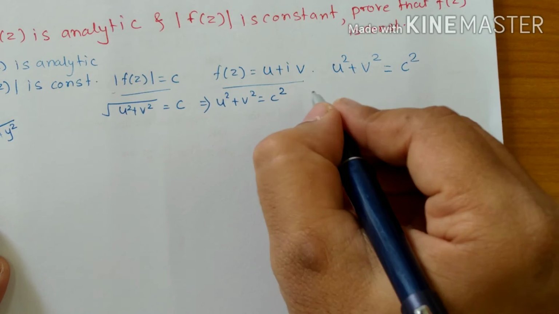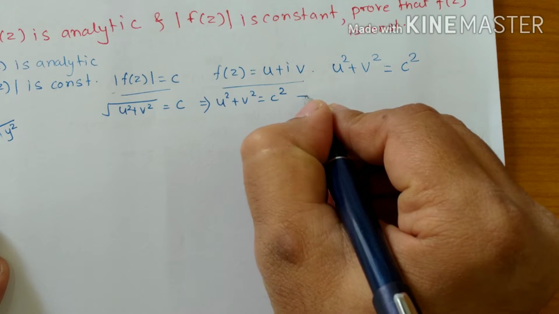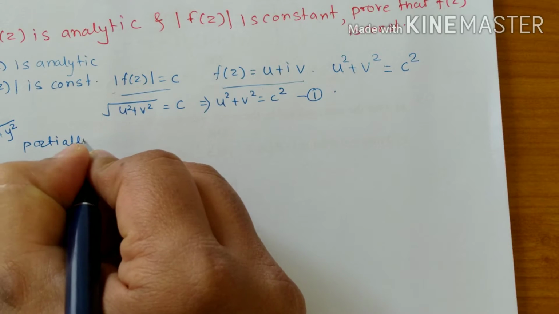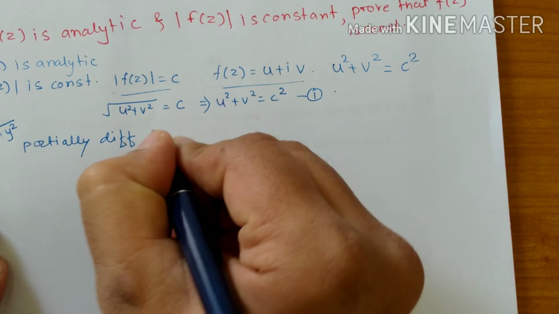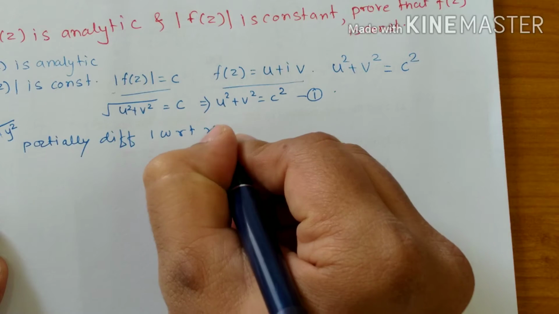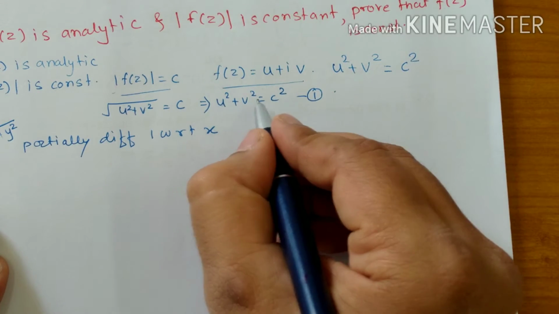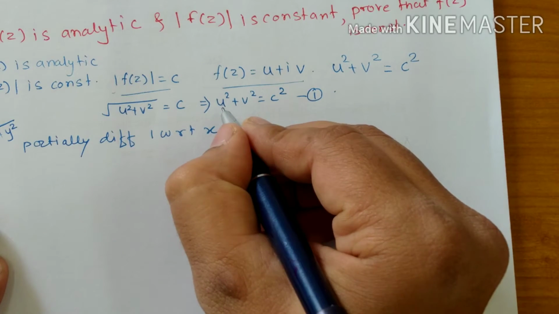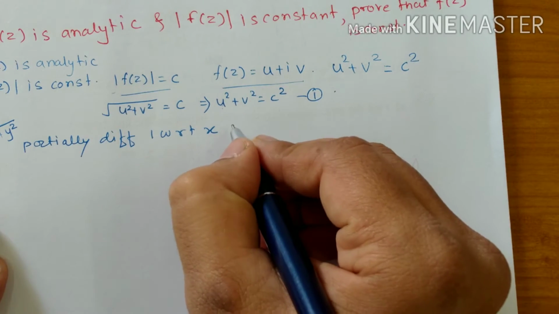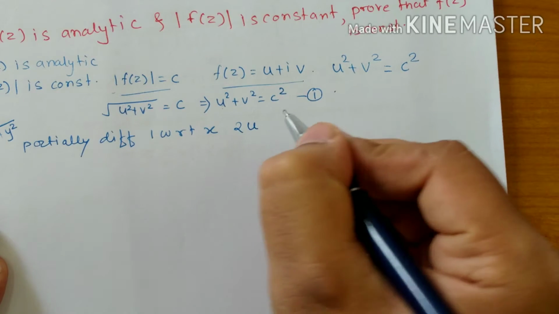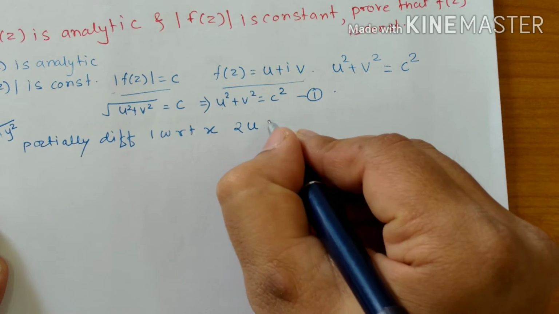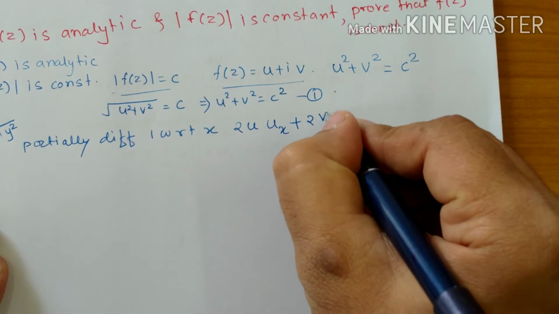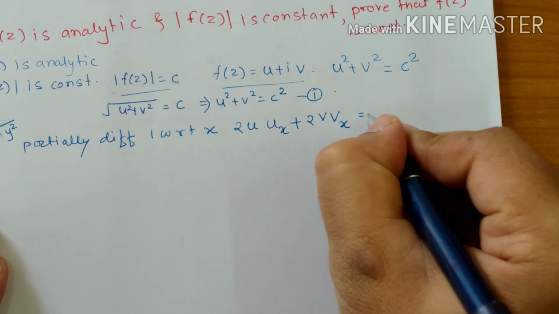I call this number 1. Now we partially differentiate 1 with respect to x. Since u and v are both functions of x and y, the derivative of u square is 2 times u into derivative of u with respect to x, plus 2 times v into derivative of v with respect to x, equal to 0.